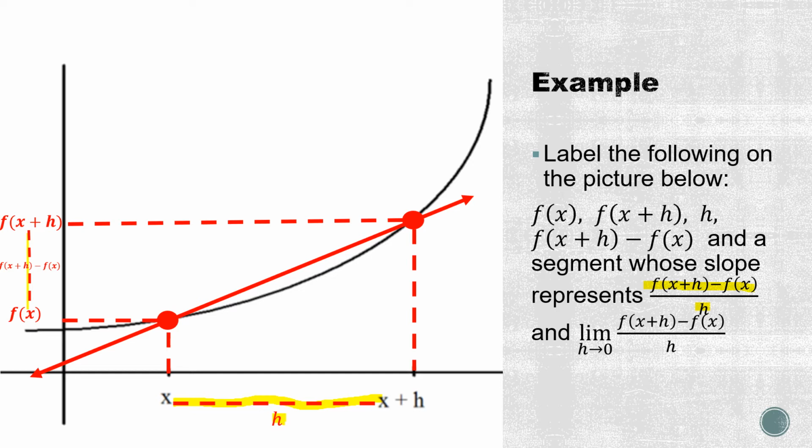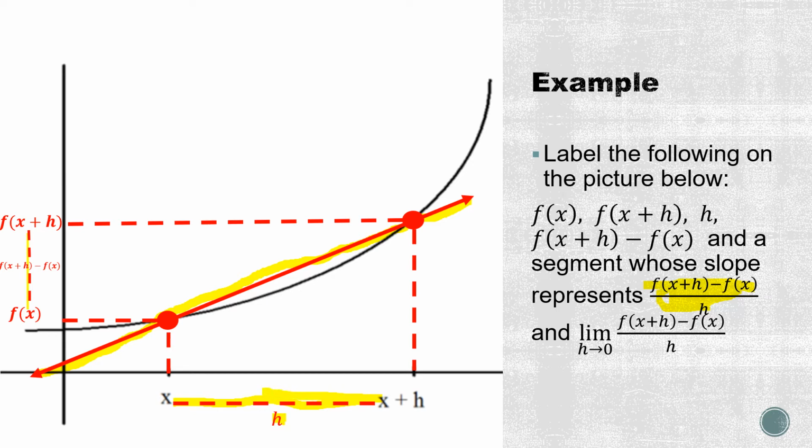All right, the next one says the limit as h approaches 0 of f of x plus h minus f of x all over h. And again, that is my definition of a derivative, or my slope of the tangent line. If this secant line that I just drew is this formula over here, then to find the limit as h approaches 0, all I need to do is reduce h.